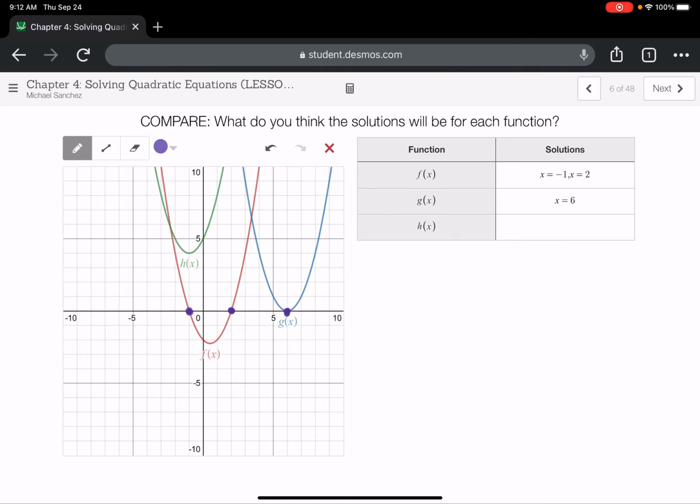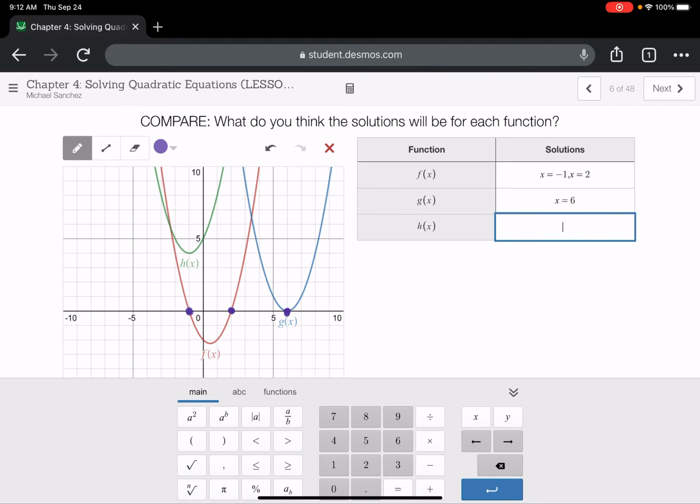And if we take a look at the green function, it does not cross the x-axis. It does touch the y-axis, but that's not going to help us find the solutions to the function. Because h of x does not cross the x-axis, we say that it has no real solutions.